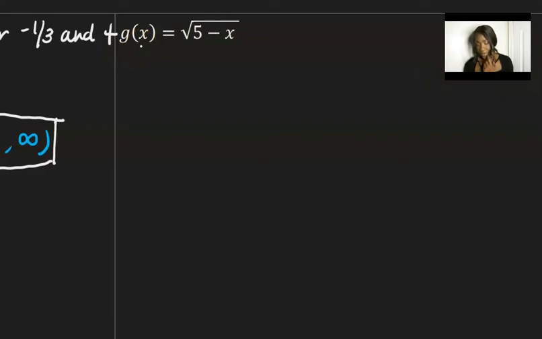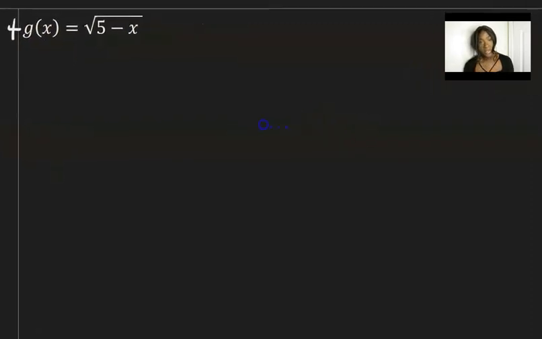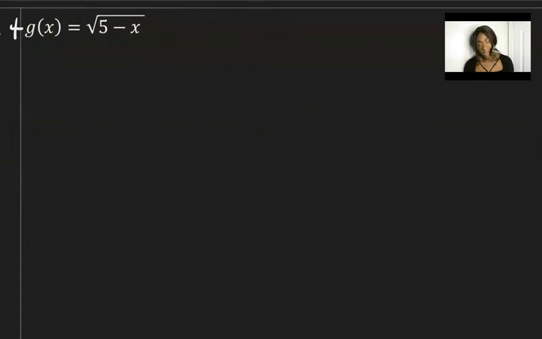So here we have a function g of x is equal to the square root of 5 minus x. This function does not have a denominator, but it does have an even radical. That square root, there's an understood 2 on the outside of it that we don't write. So the problem with even radicals is that you can never take an even radical of a negative number. That's not possible.